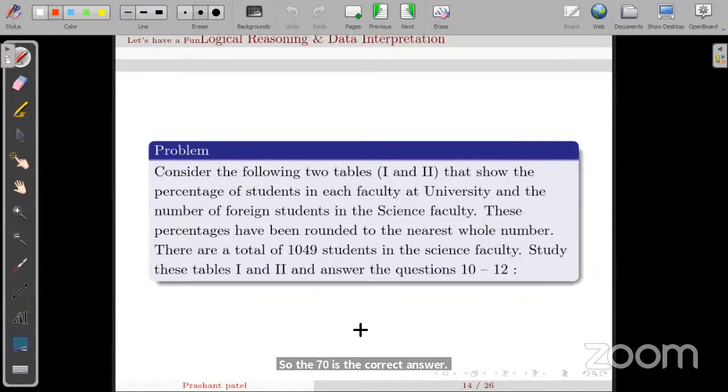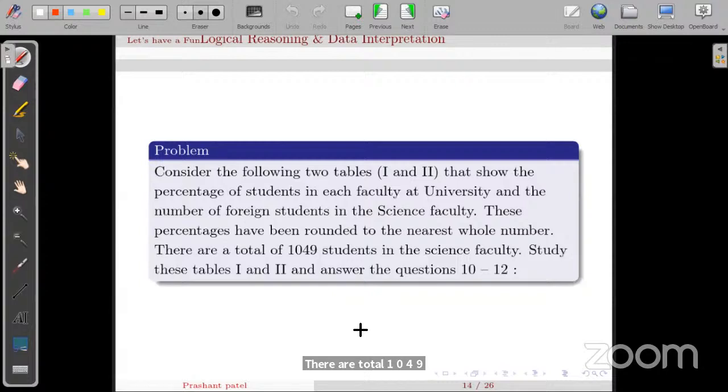Consider the following table showing the percentage of students in each faculty at the university and the number of foreign students in the science faculty. These percentages have been rounded to the nearest whole number. There are a total of 1049 students in the science faculty.